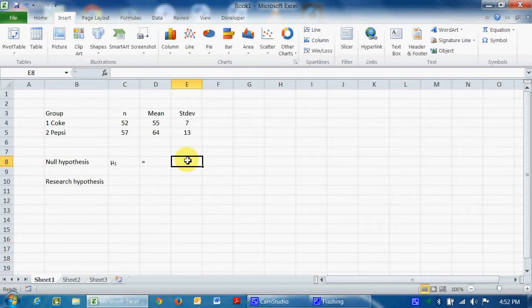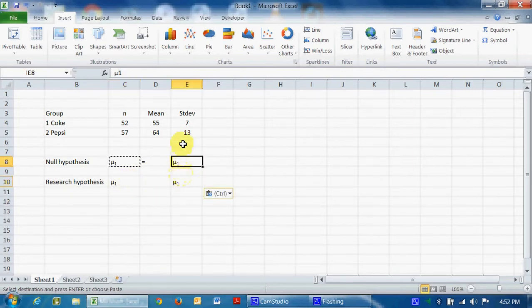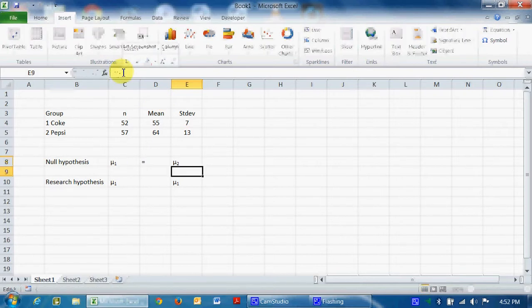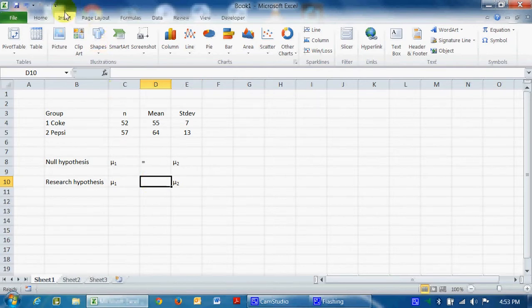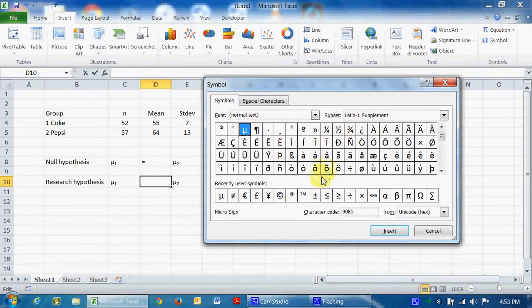I hit Control C, and then copy it over here. And then I'm just going to copy it into all 4 spots. This is for the sake of time. And I'm going to replace the 1 with a 2, actually. And then I'm going to copy that and paste it here. And in here, we're going to need the insert symbol not equal to.